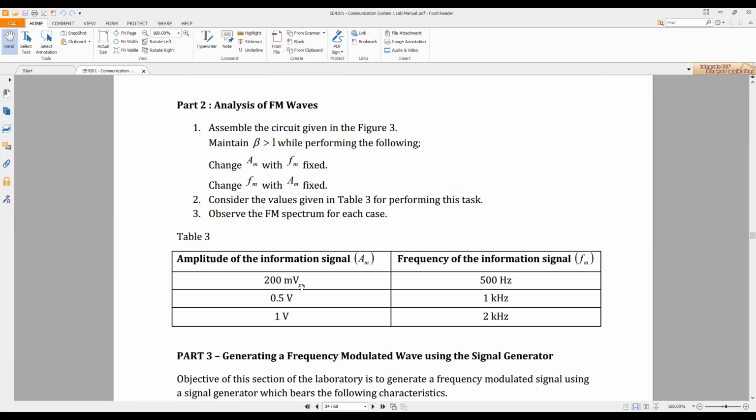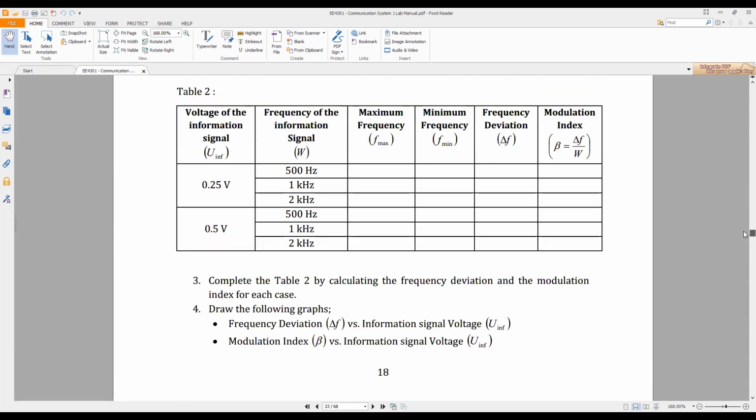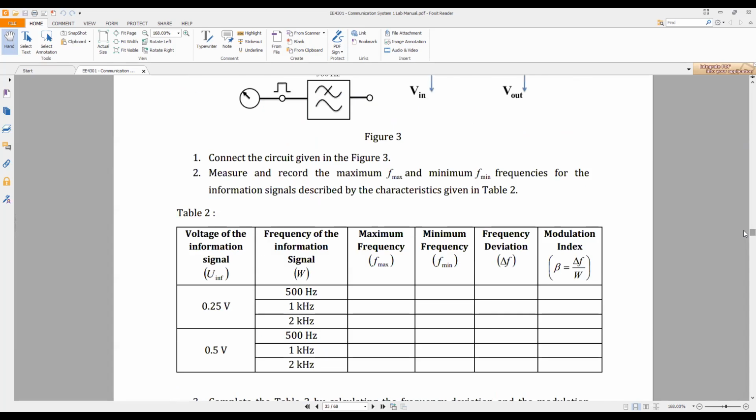We can consider 200 millivolts as 250 millivolts, 0.25 volts, so it's the same as before because they are very close values. So we are going to see the frequency spectrums for these two tables at the same time, because we have to check new values for the 1 volt only. So we are going to do all the values at the same time.